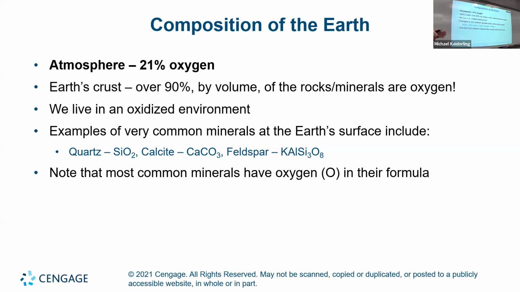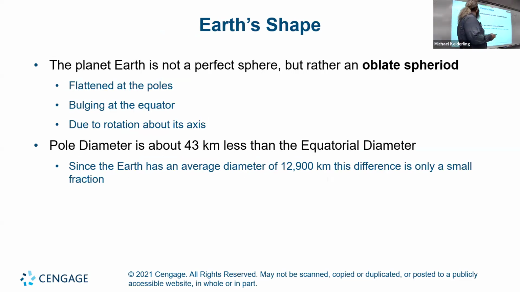Some examples of common minerals at the Earth's surface are quartz, silicon dioxide, calcite, CaCO3, that's calcium carbonate, feldspar, potassium, aluminum, silicon, Si3O8. So all the most common minerals have oxygen in them.